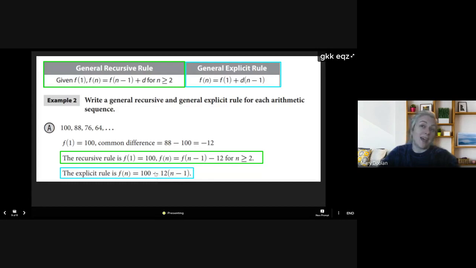So instead of adding negative 12, it's minus 12 times n minus 1. So all you have to do to use these general formulas, or cheats, is figure out the first term, in this case 100, and the difference, in this case negative 12. Those are the only two values you're plugging in.